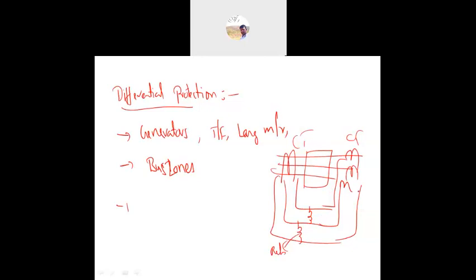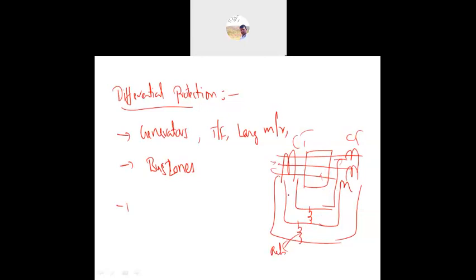But in case of an internal fault, the currents are not equal, so the relay will activate. The relay operates for internal faults and remains inoperative under normal condition and external faults.